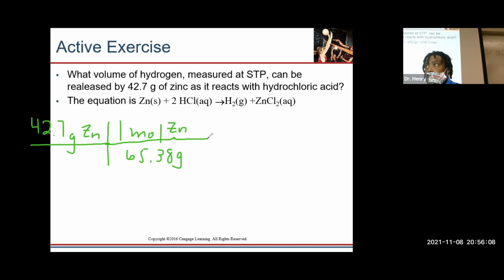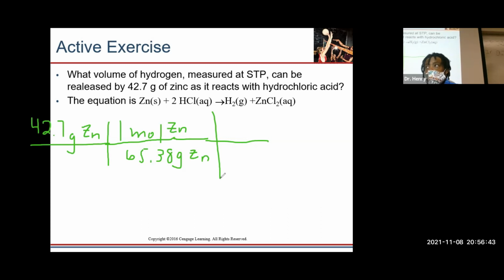Can I calculate the moles of hydrogen gas? And if so, how can I do that? What am I going to use? Am I going to use the molar mass to do that? Because I want to calculate the number of moles of hydrogen gas.